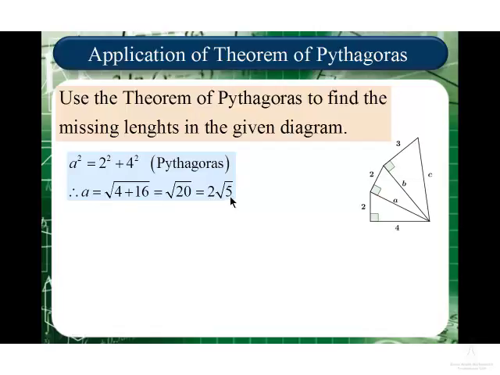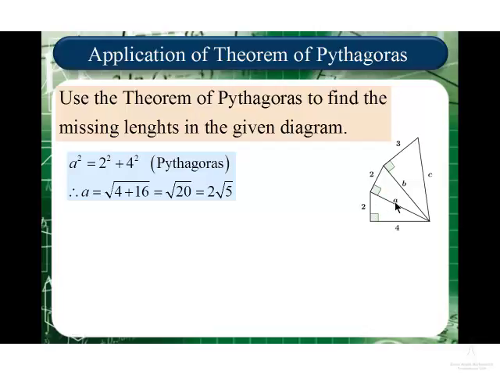Check that out. If we simplify the square root of 20, we get 2 times the square root of 5. So at least we know the value of A. How can we find the value of B? Here we also have a right triangle. Can you see it's indicated with these right angles as denoted as part of the figure.